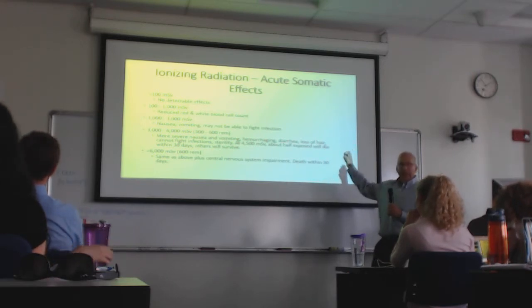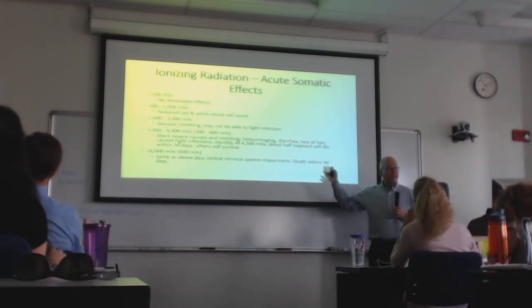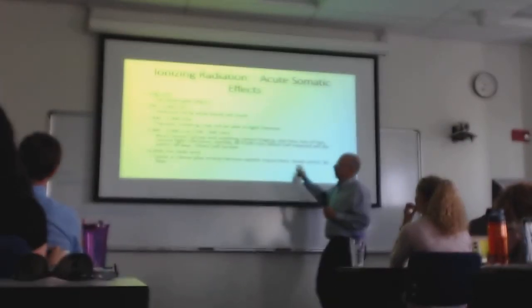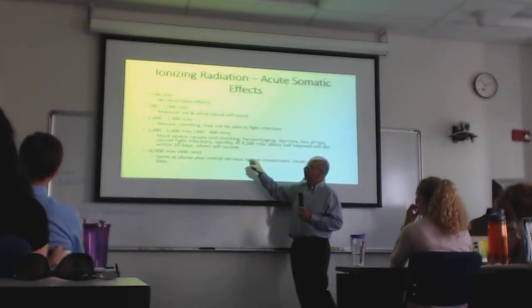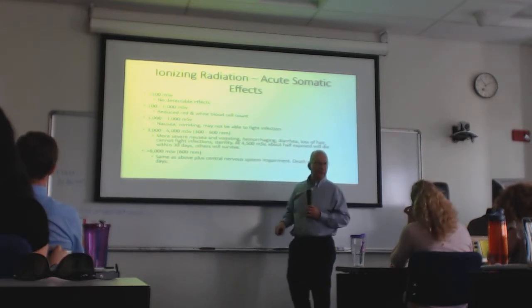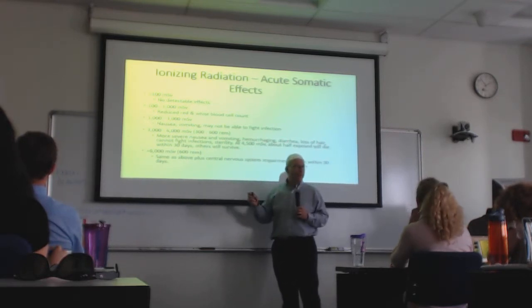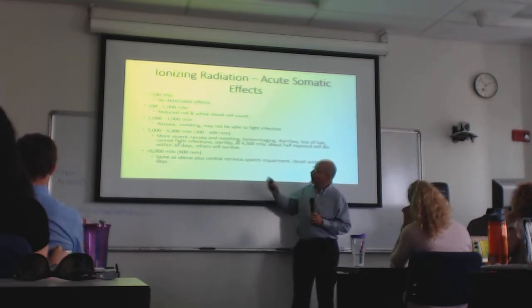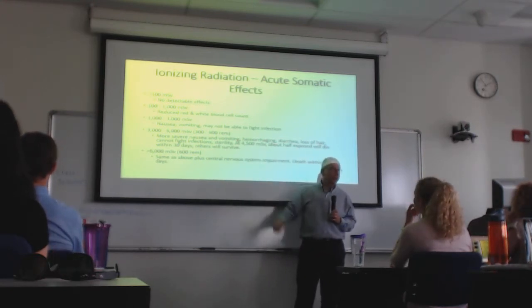So we said that the chest X-ray was 1/10 of 1 millisievert. If you took 10 times 100, 1,000 times the dose of a chest X-ray, and just blasted me with it right now, likely there would be no detectable effect.